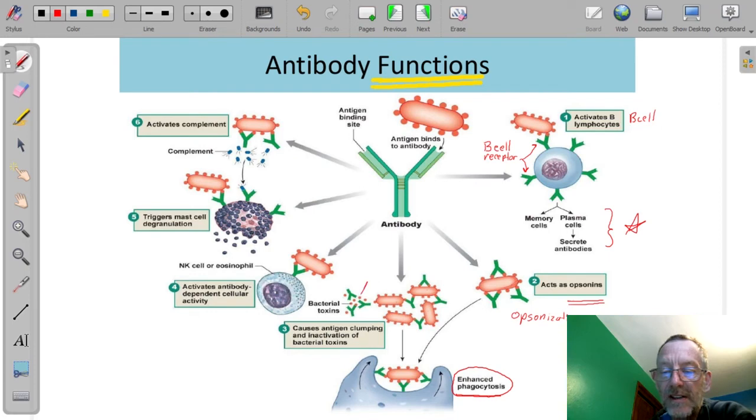The little red dots are toxins, little chemicals. An antibody can bind to those and inactivate them. Antibodies are also involved with activating natural killer cells, eosinophils. I won't spend any time talking about this at all. So I'll just put a little negative sign for no real emphasis on that function of antibodies.